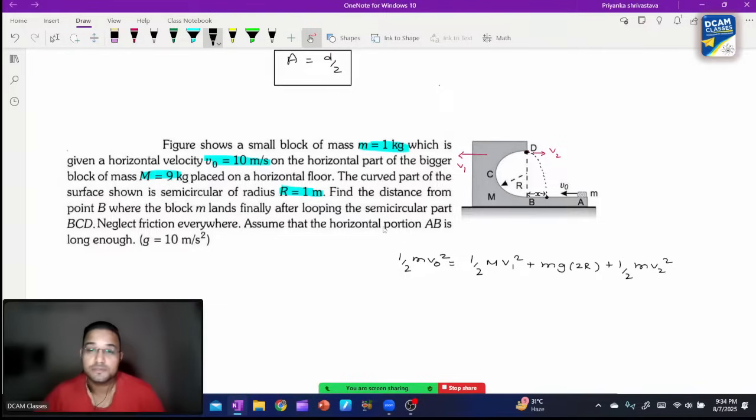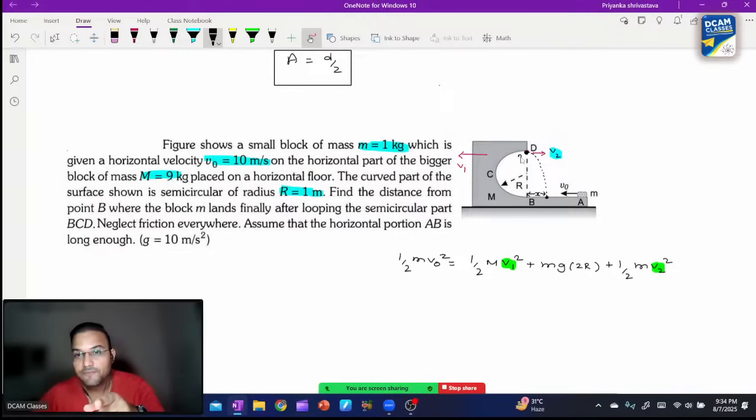Too many variables. Two variables are there, so we need one more equation. This is your law of conservation of energy. And mind you, this velocity is the velocity of small m with respect to ground. Every velocity that I have taken is with respect to ground.